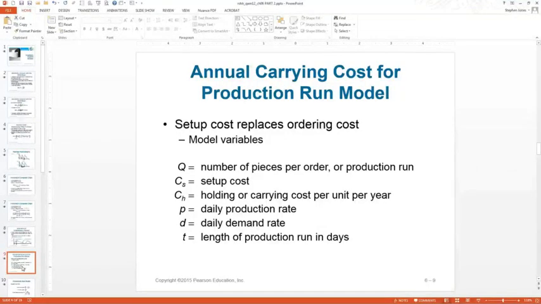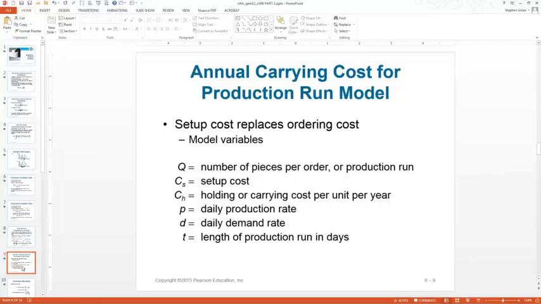Now, if you're doing production, instead of looking at inventory ordering costs, you have different costs that show up, and that includes such things as setup costs. So to set up a production run is a certain cost to you. That could be to refurbish some production machinery.